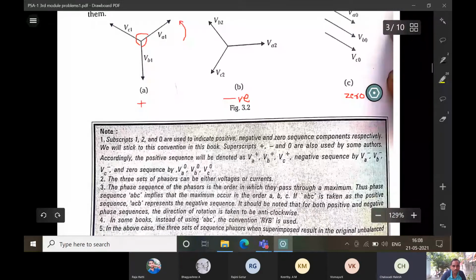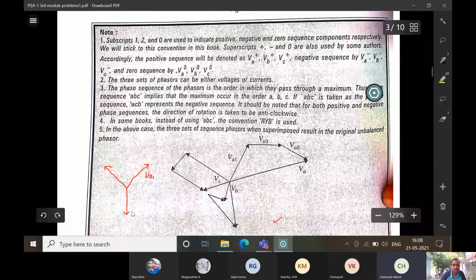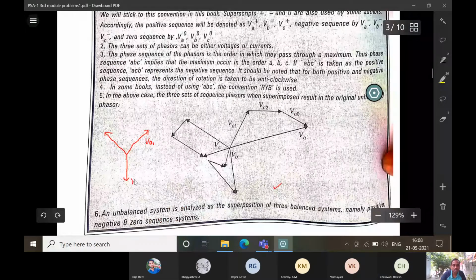So this is VA1, this is VB1, and this is VC1. In that, I want VA.